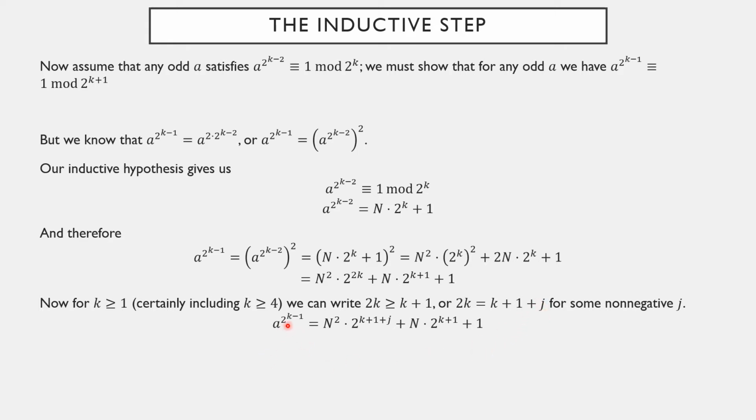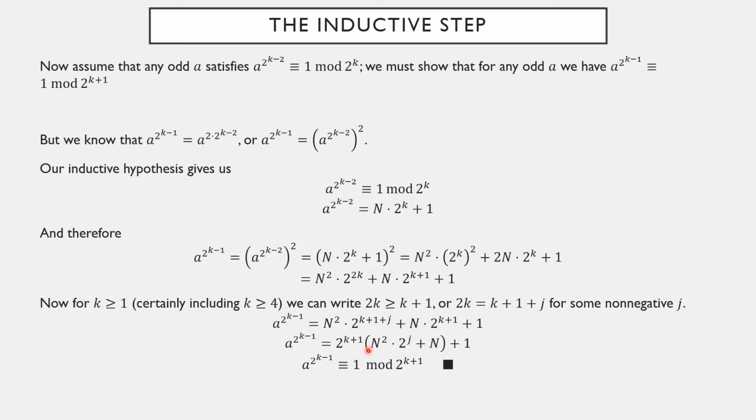So a to the 2 to the k minus 1 is n squared times 2 to the k plus 1 with more powers here, plus n times 2 to the k plus 1, plus 1. I can factor 2 to the k plus 1 out of both of these terms. Therefore, if I look at this modulo 2 to the k plus 1, what do I get? I get 1 modulo 2 to the k plus 1. Mod 2 to the k plus 1, this is 0, so this whole term vanishes.